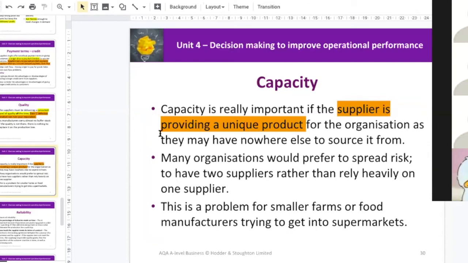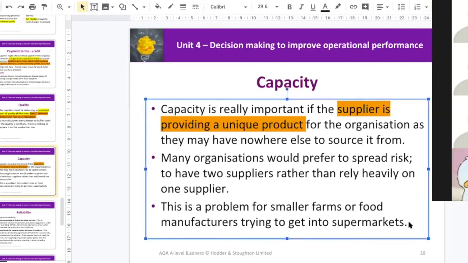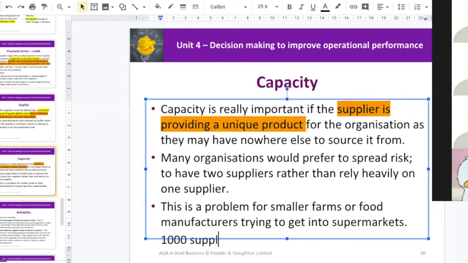We're not just talking about the quality, but also the quantity. For example, you're looking at a supplier who can give you 1,000 supply units.